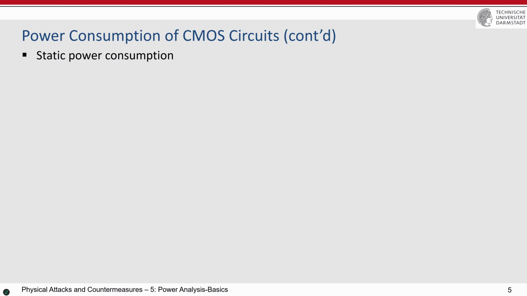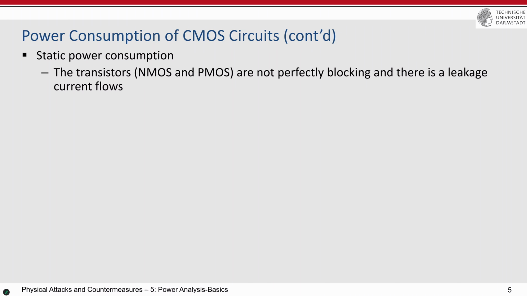Now, we look at the power consumption of this. For example, what is the static power consumption? The problem is that the CMOS circuits, or let's say these NMOS transistors and PMOS transistors, are not perfectly blocking the current.